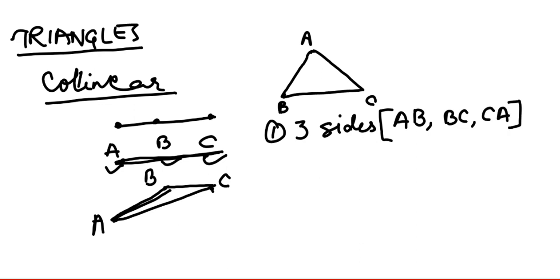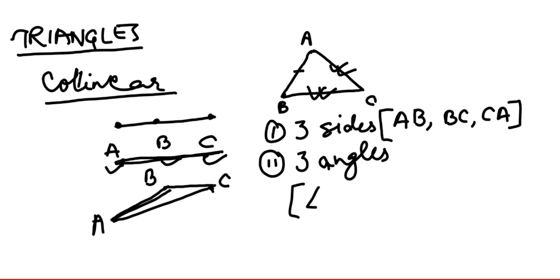This one is AB, this is BC and this is CA. And also students, we have 3 angles of a triangle: this one is angle A, this is angle B, and this is angle C.